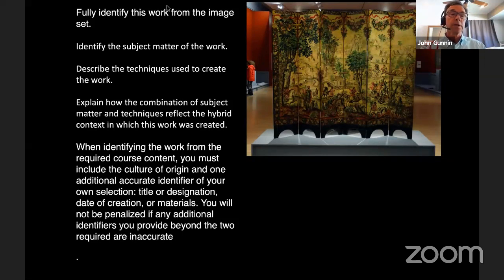The subject matter is the war between the Turks or the Ottomans and the Europeans, the Habsburgs specifically, and the technique would be oil painting on wood with the enconchado technique.